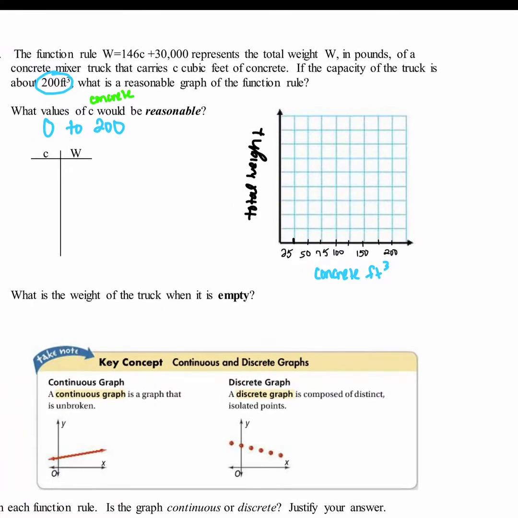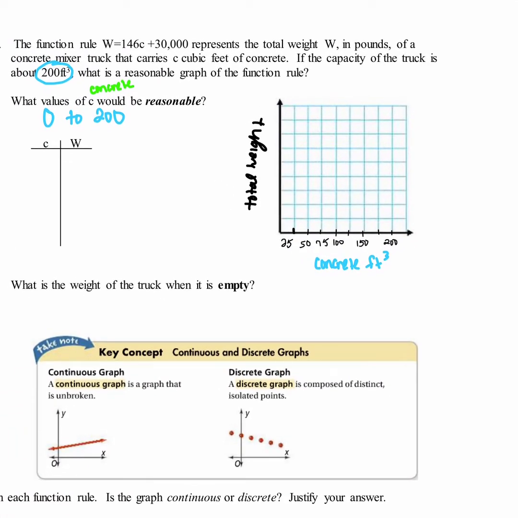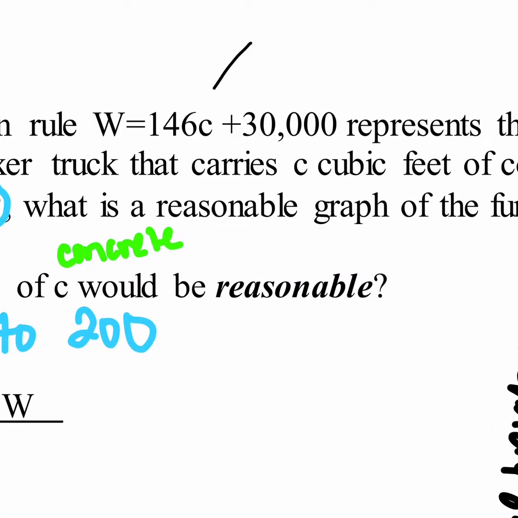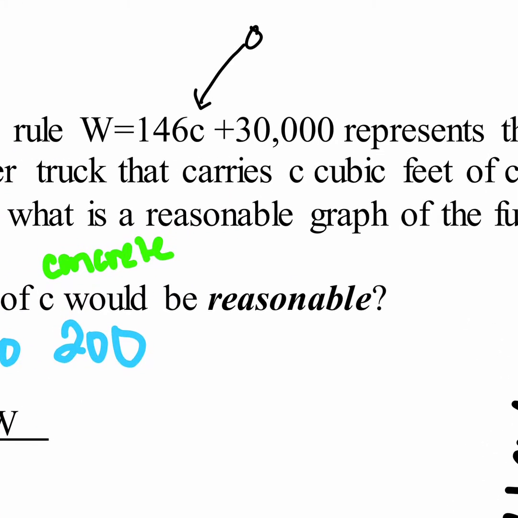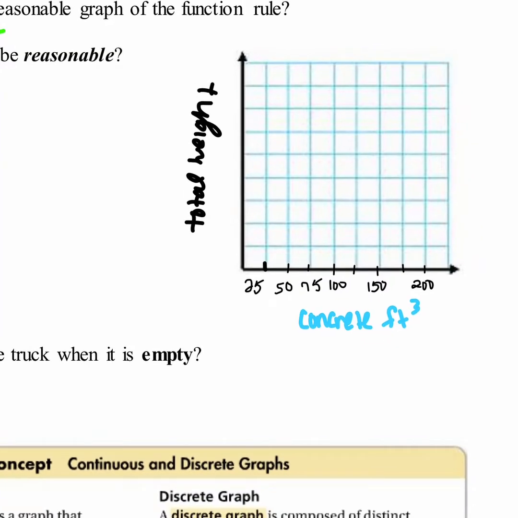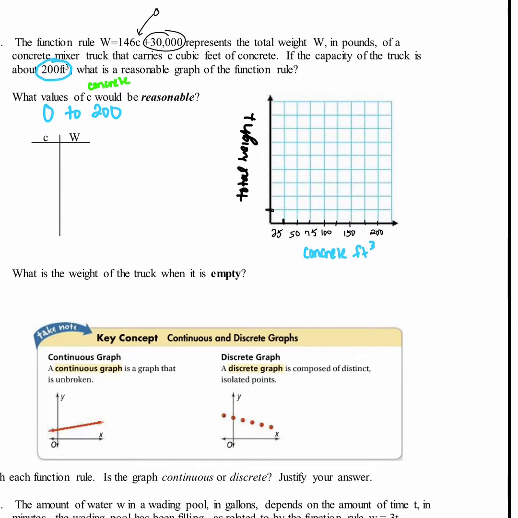Now for total weight, this is what I was talking about before. It doesn't make sense for the y scale to go by 25s because if you look at this equation, if we have 0 concrete in our truck, it's still going to have a weight of 30,000 just because of the truck itself. So if we only go up by 50s or 25s, there's no way we're going to actually be able to see any of the graph.